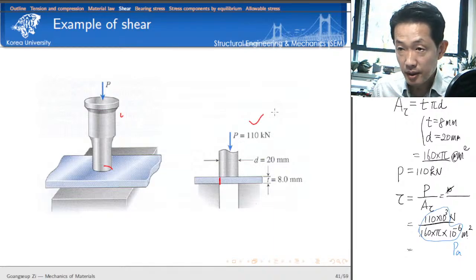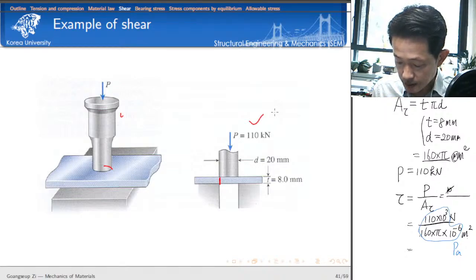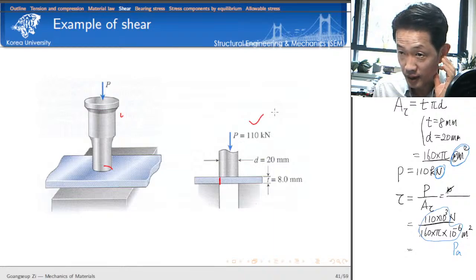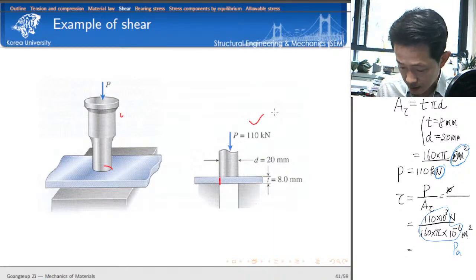That's why for typical calculation, it's better to use the Newton unit for the force and the millimeter unit for the calculation of geometric information, length and area. So if you follow this, let's try to calculate the shear stress in the unit of megapascal. This is 110,000 Newton and then 160 pi millimeter square. Okay, look at this.